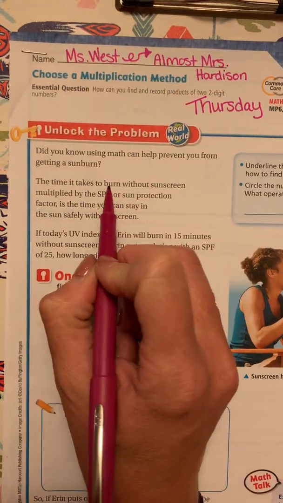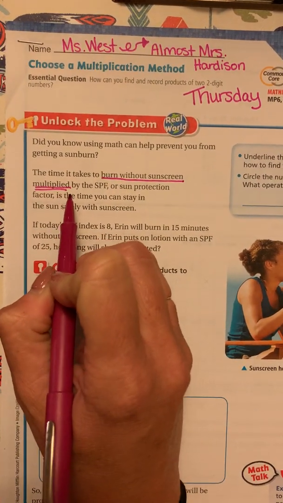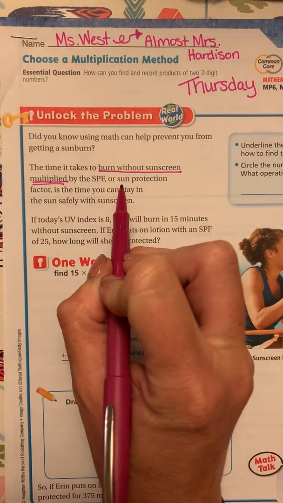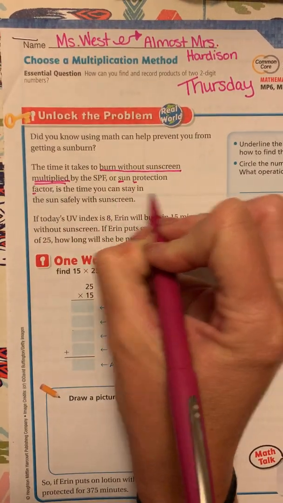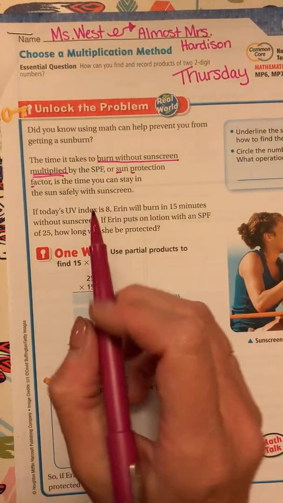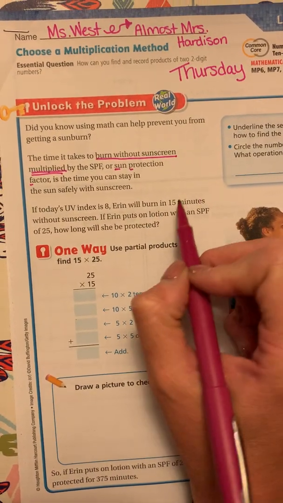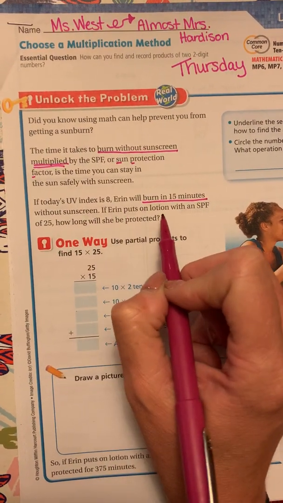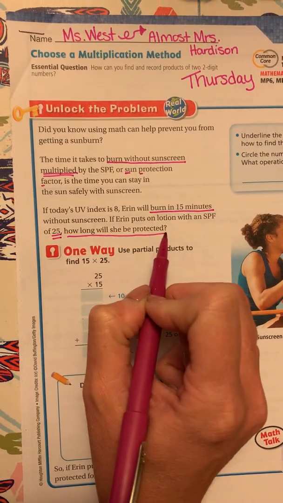The time it takes you to burn without sunscreen multiplied by the SPF, or the sun protection factor, is the time you can stay in the sun safely with that sunscreen. Did you even know that SPF stood for sun protection factor? For instance, if today's UV index is 8, Aaron will burn in 15 minutes without sunscreen. If Aaron puts on lotion with an SPF of 25, how long will she be protected?